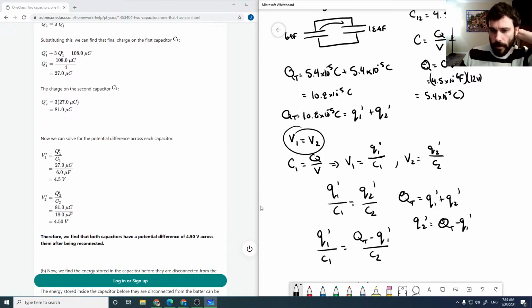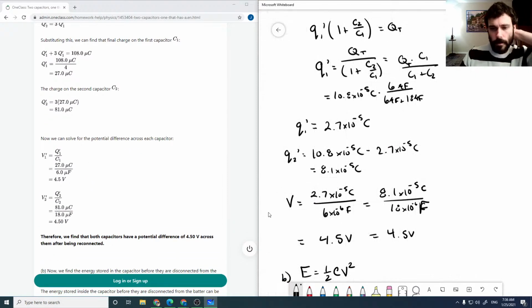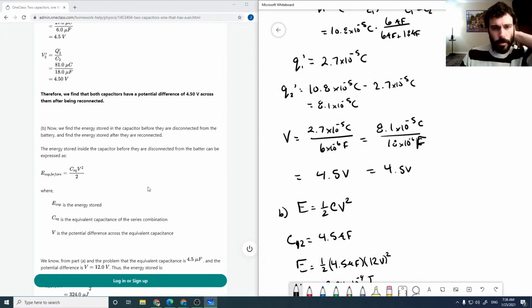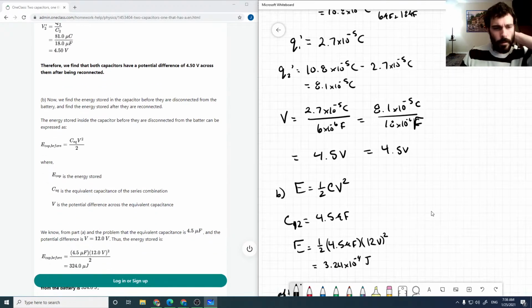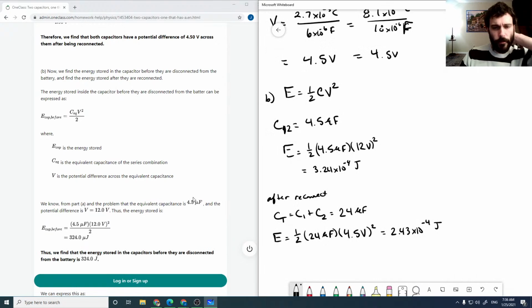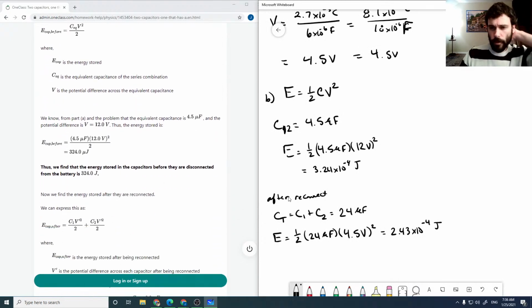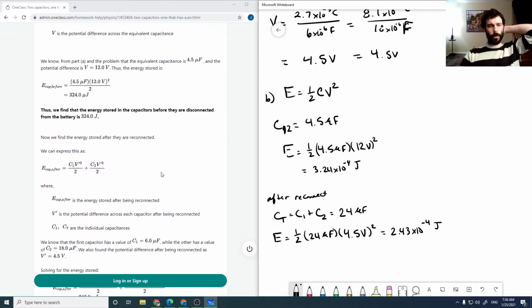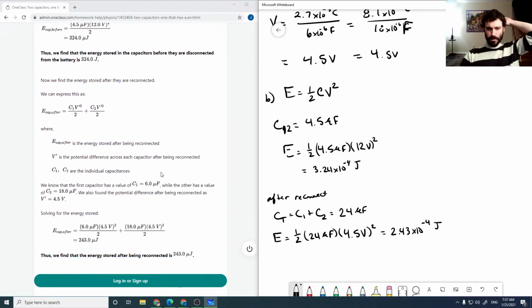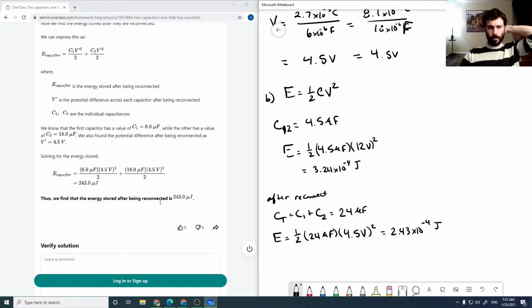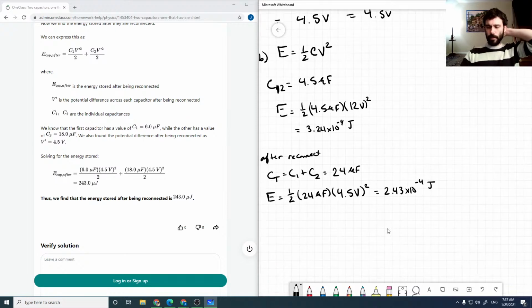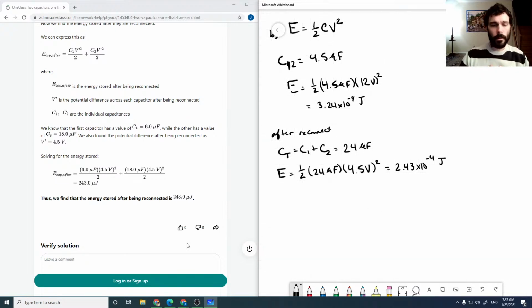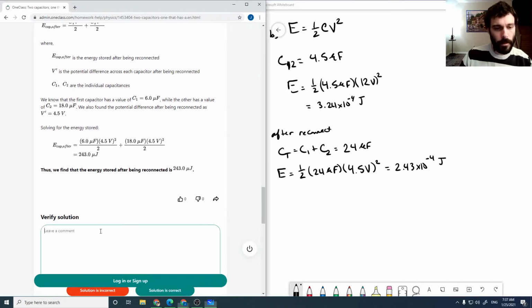So continuing down here, we get that our voltage difference is 4.5 volts, so that's good. Our energy stored before is 324 microjoules, or 3.24 times 10 to the minus 4. And then afterwards is 243, or 2.43 times 10 to the minus 4. So that looks good.